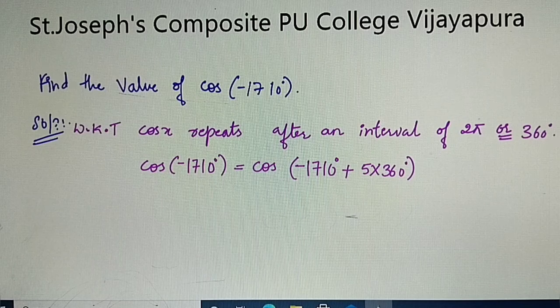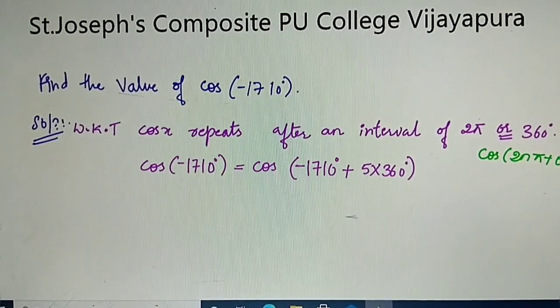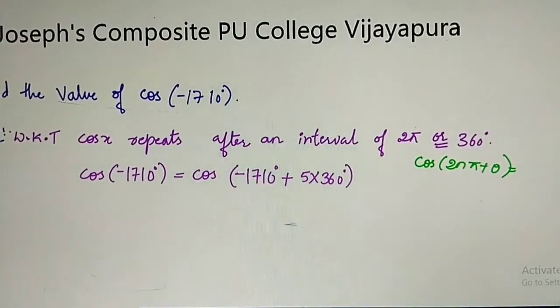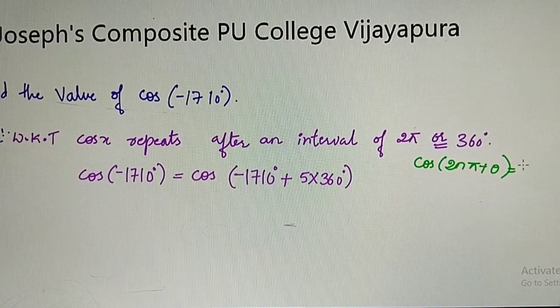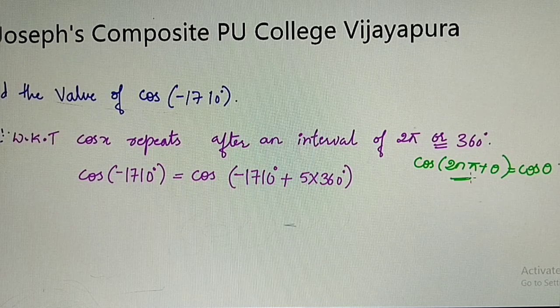because cos of 2n pi plus theta is always cos theta. So its value never changes. When you are adding this, it will never affect.